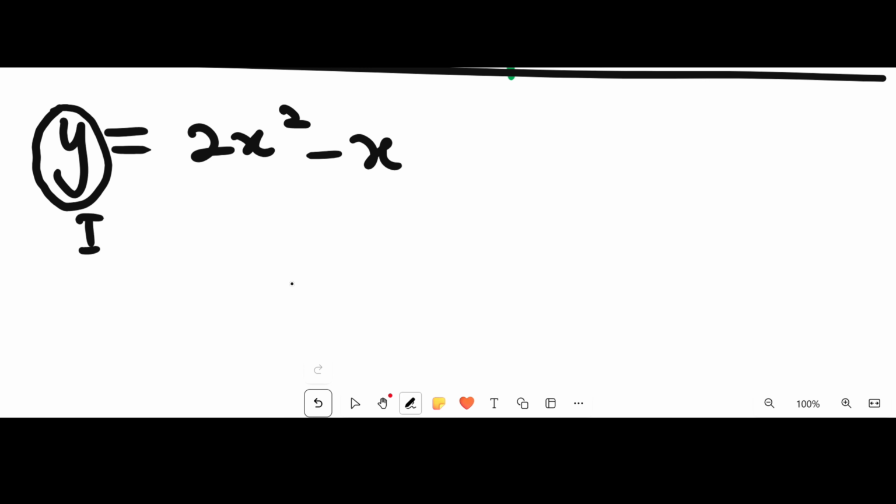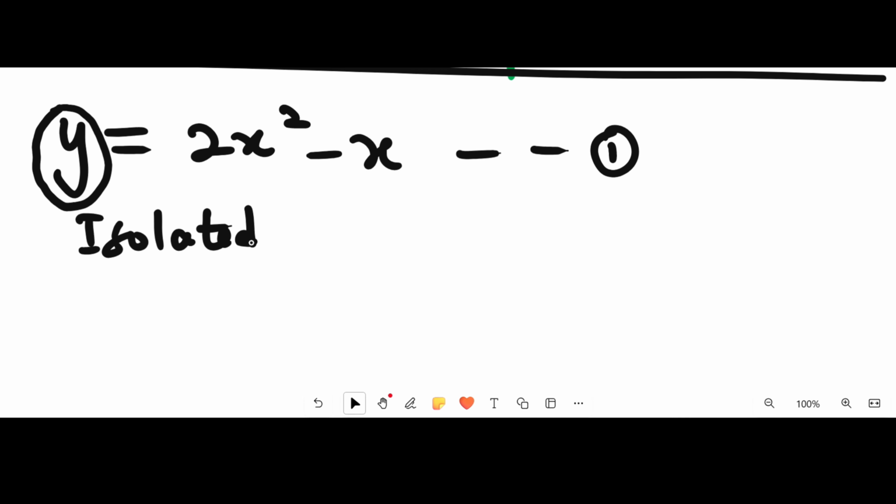So function 1 here is an explicit function. Now we have to look at implicit function.